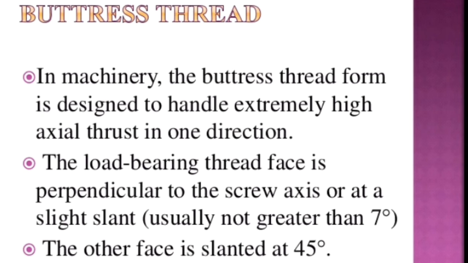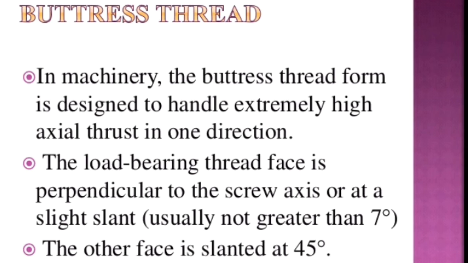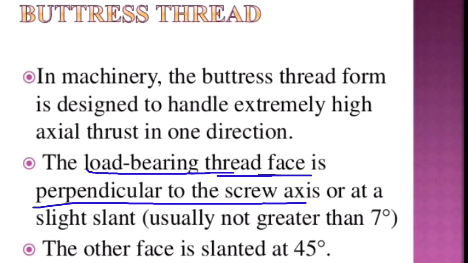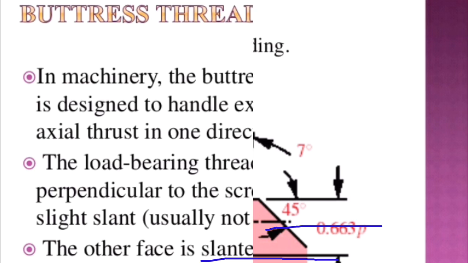In machinery, this thread form is designed to handle extremely high axial thrust in one direction only. These are used only for unidirectional high axial loads. With these threads, the load bearing thread face is perpendicular to the screw axis or at a slight slant, usually not greater than 7 degrees, and the other face is slanted at 45 degrees.